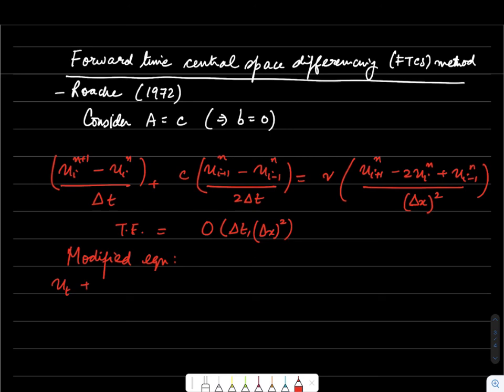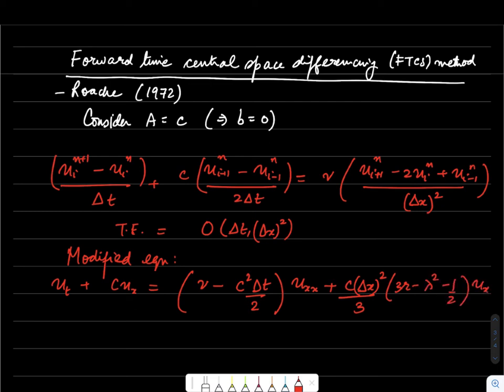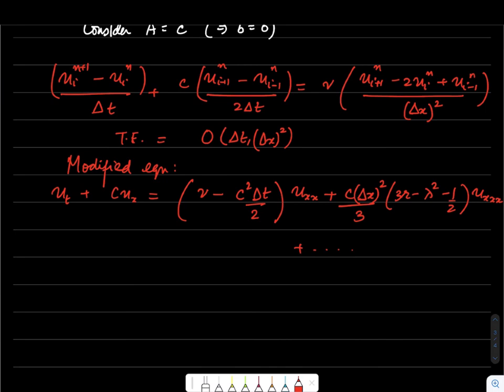We will have u_t plus c u_x equals (nu minus c squared delta t by 2) u_xx plus c delta x squared by 3 times (3r minus lambda squared minus 1) by 2 u_xxx plus higher order terms, where r is the same number that we've been using throughout, so that is nu delta t by delta x squared, and lambda is the CFL number c delta t by delta x. So this is the modified equation.